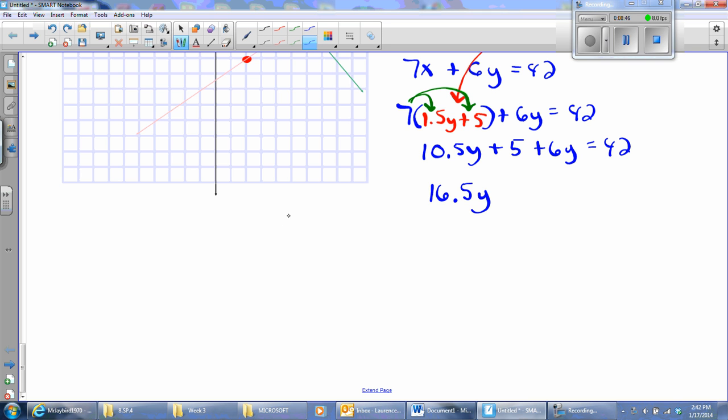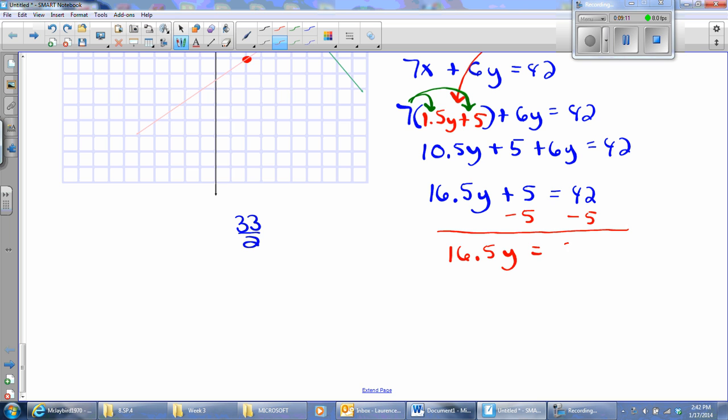And just in the back of my head, I'm thinking 16.5 is going to be 33 over 2. I might want to use 33 over 2. I haven't decided yet. Okay, plus 5 equals 42. Now I'm going to subtract 5. Looks like this answer is going to get pretty ugly here, but that's okay. 16.5y is going to equal 37.